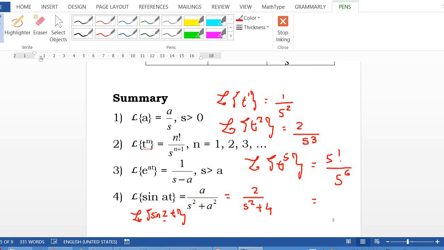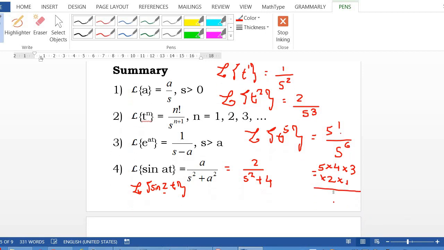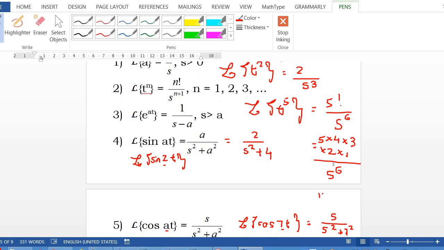So 5 factorial is 5 times 4 times 3 times 2 times 1, divided by s to the power of 6. So 3 factorial is 6, 4 factorial is 24, and 24 times 5 gives you 120 over s to the power of 6.